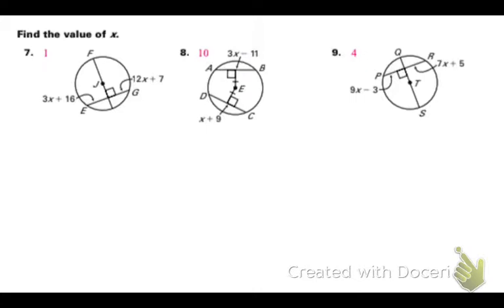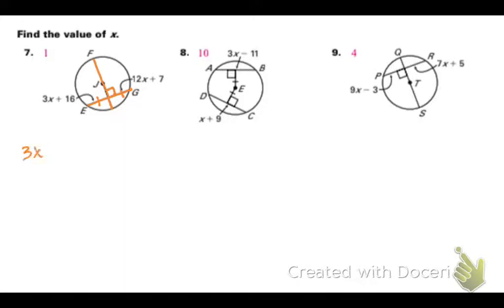These are a wee bit trickier in that you have to find x, and the only way to find x is to figure out a relationship between 3x plus 16 and 12x plus 7. Here is that rule that we talked about earlier. You have a diameter, and you're told that the angle between that diameter and the chord is 90 degrees. So we know that the diameter bisects the chord, and these two pieces have to be equal.